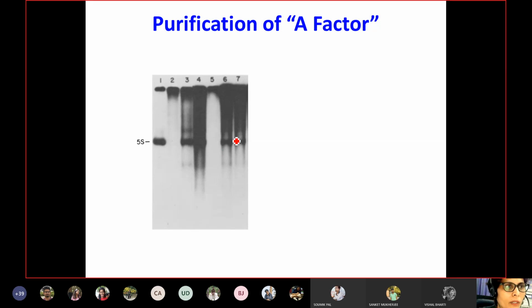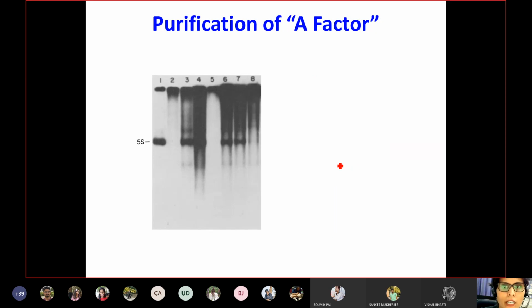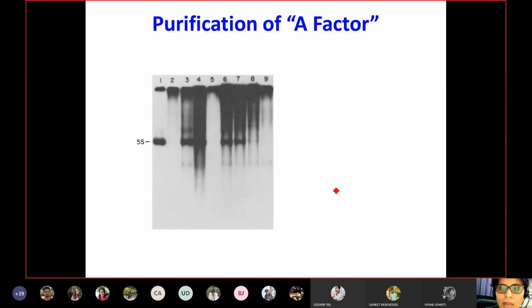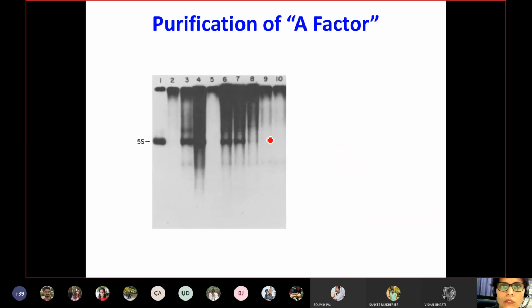Now, when the RNA polymerase 3 dependent Sephadex fraction was again fractionated over a different column, a phosphocellulose column, you have the unbound flow through together with polymerase. It actually does not elicit any transcription, and this eluate, even in the absence or in the presence of RNA polymerase, does not elicit any 5S RNA gene transcription. So no transcription is going on.